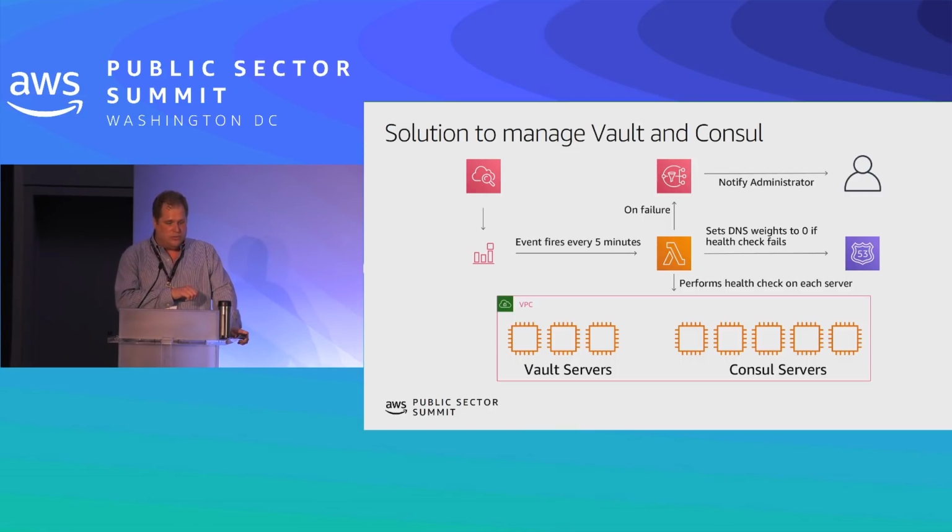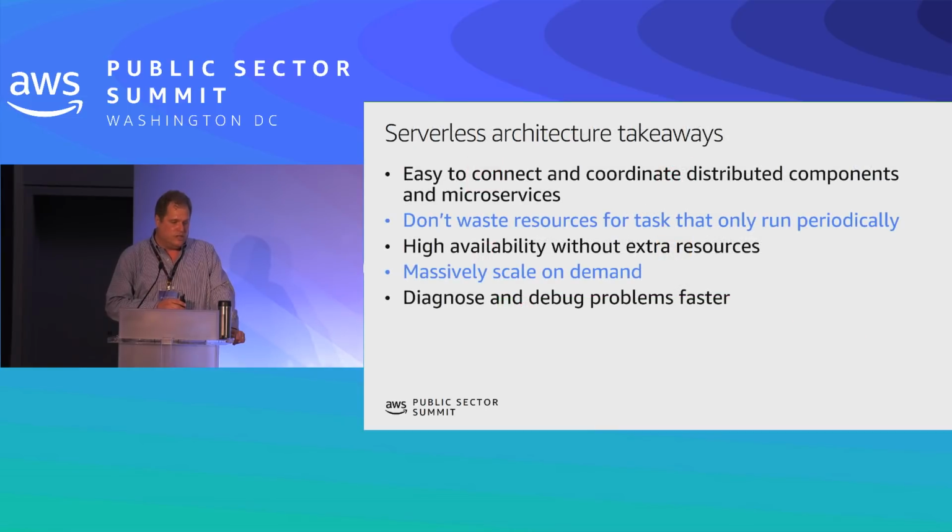When we have multiple servers with the same name and the weight is 0, it won't supply those DNS names when somebody requests a Vault or Consul server. So it's a way of making the rest of the system not use this one piece that's not functioning at the moment. We found that was a way to keep our servers up and running and not run into a problem of possibly losing all our data.